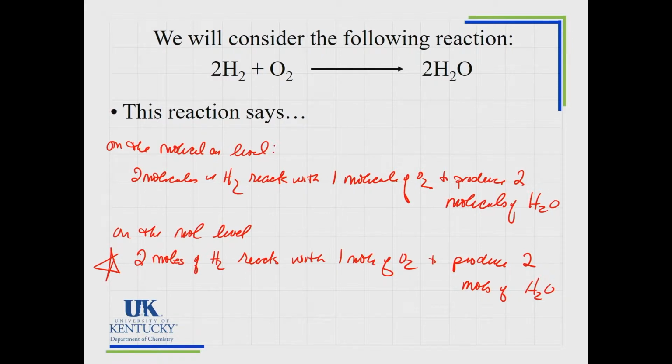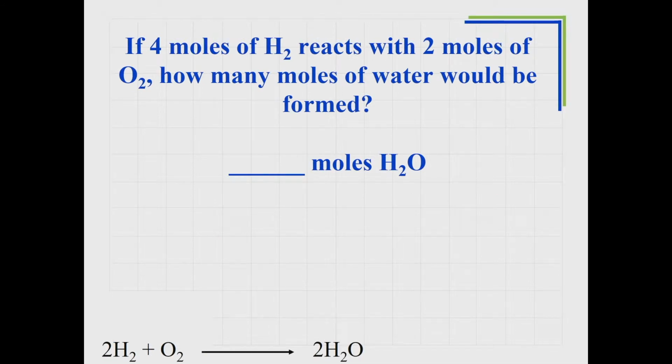It is not that the other one is wrong. It certainly isn't wrong. It's just more convenient for us to think about it on a scale that we can actually work with while we do calculations. Okay, so let's proceed. We're taking that same reaction, and you see it down there in the bottom. I'm wanting to scale it up.